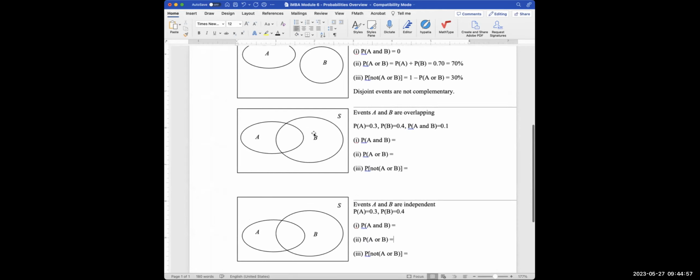And the last two look the same, don't they? Both demonstrate A and B overlapping. And there's a section where they overlap.